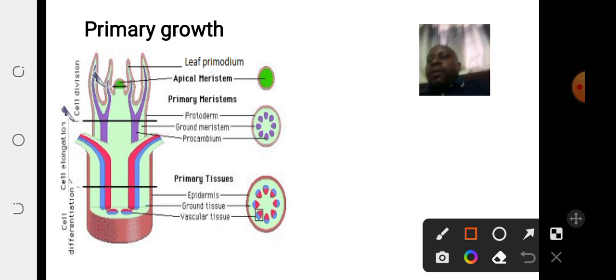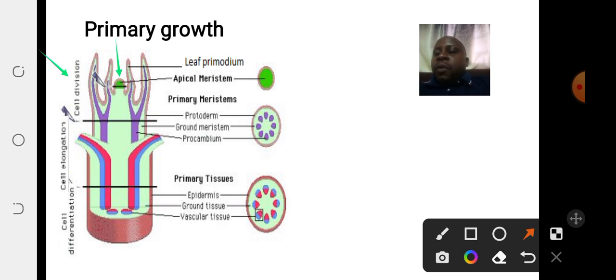At the zone of cell division here, you are able to see that at the tip we have the apical meristems. The apical meristems divide mitotically, hence bringing about the formation of new cells. As the cells build up, it brings about an increase in size.